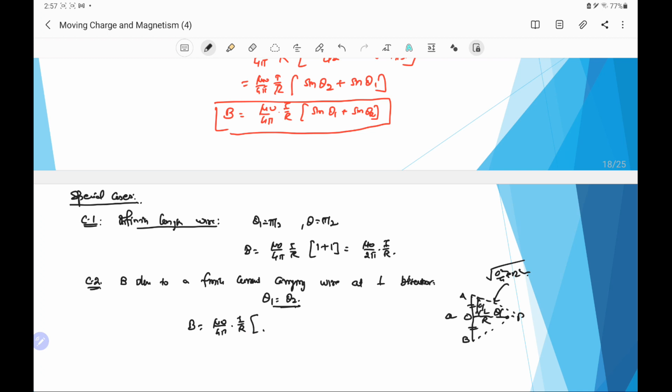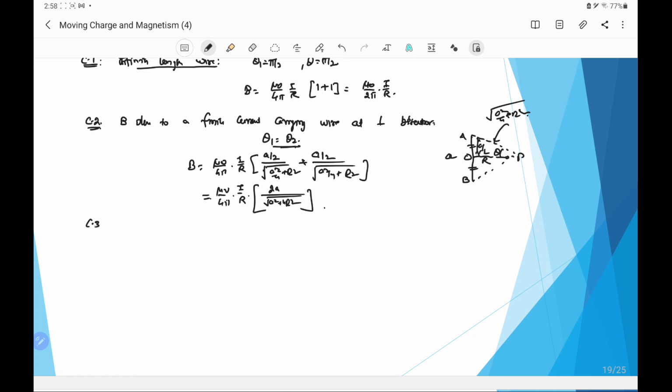Therefore we can write sine theta is perpendicular over hypotenuse, that is A by 2 by root A square by 4 plus r square, and similarly the other angle is the same, that is A by 2 by root A square by 4 plus r square, and on simplifying we will have B equal to mu naught by 4 pi into I by r into 2A by root A square plus 4r square.